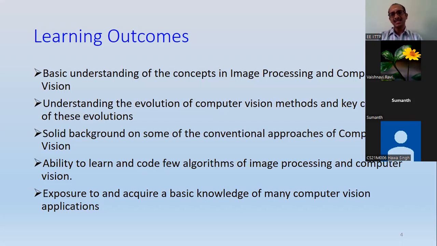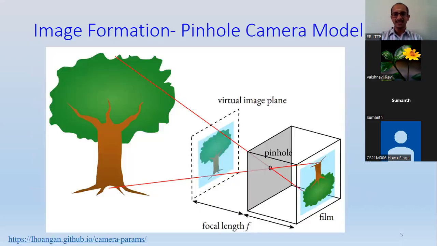Even for our understanding of visualization of what these computer vision methods do, these kind of programming assignments are a must. There will be some background mathematical details that are discussed along with the methods. Whenever it's required, even some of the learning methods are also discussed with some of the methods.